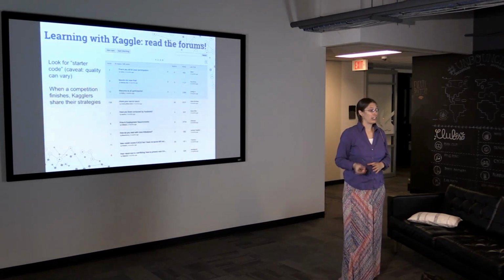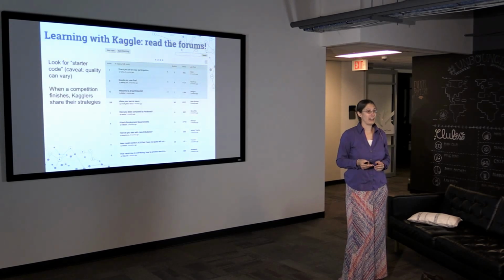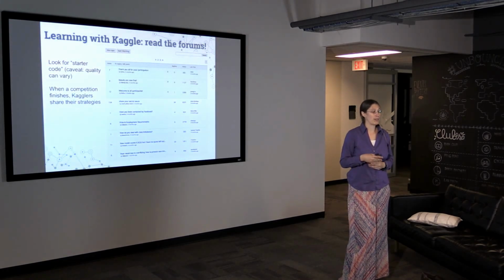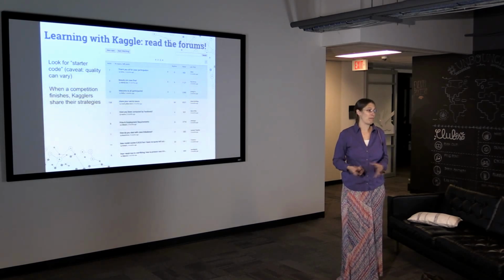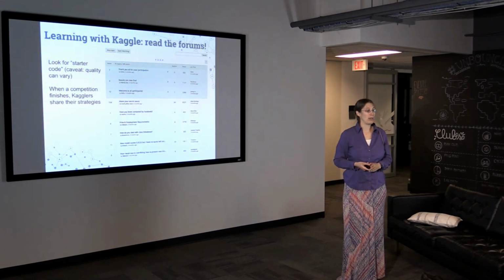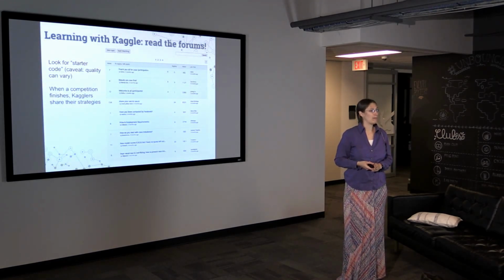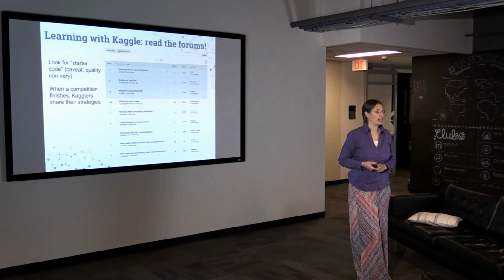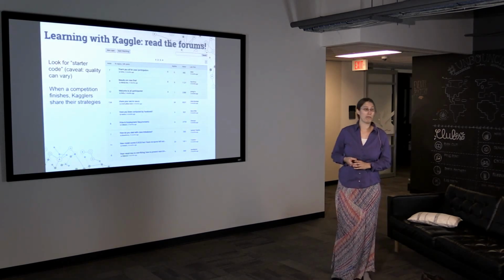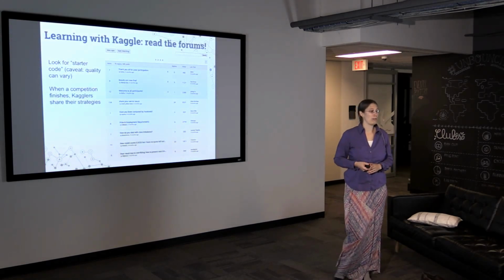Another piece of advice is to look at old competitions and read the forums, especially where people have been able to share their strategies. The people who've done really well will often do a little write-up about what worked really well for them, and you can learn a lot just by reading about what other people have done. While a competition is running, people also post starter code.